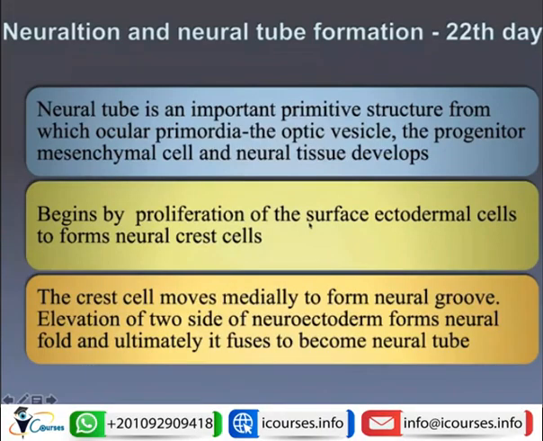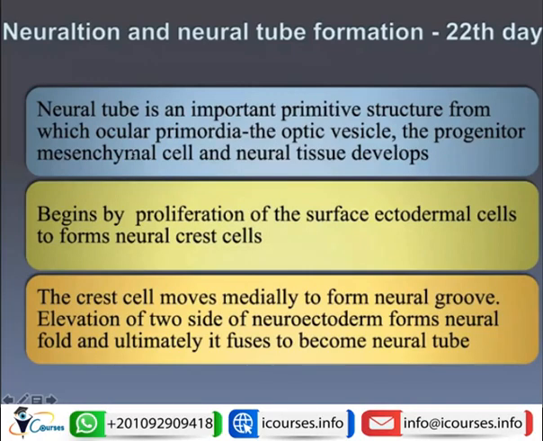The neural tube gives rise to the ocular primordia. By ocular primordia, we mean the primary or primitive eye, which is sometimes called the optic vesicle. So the neural tube is the source of development of the eye.